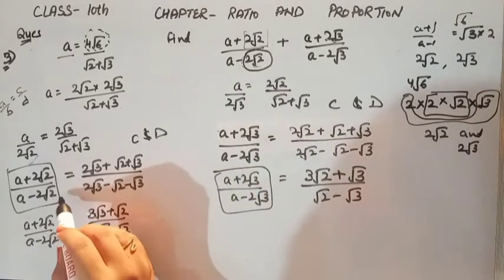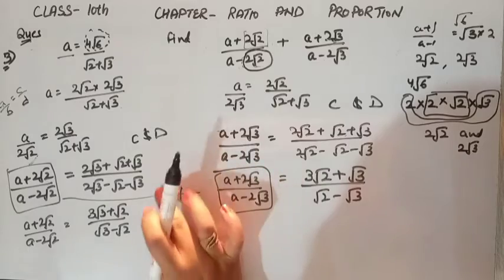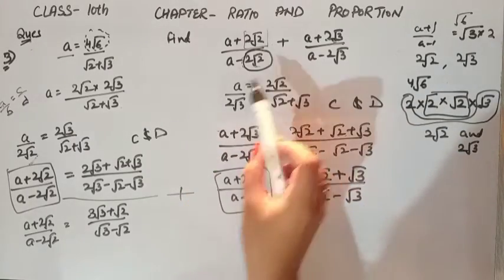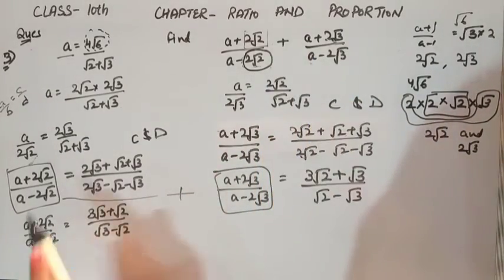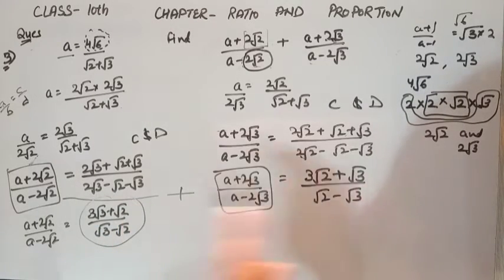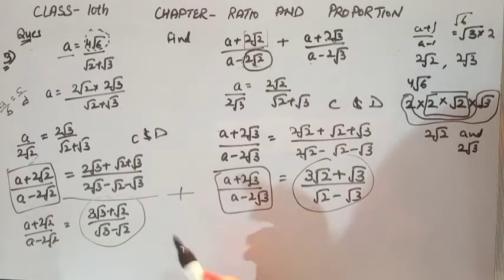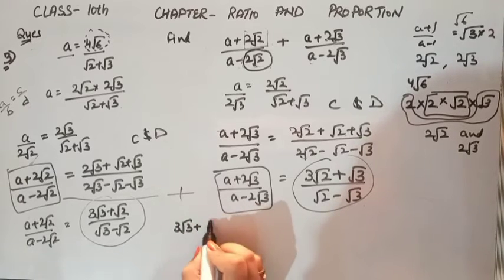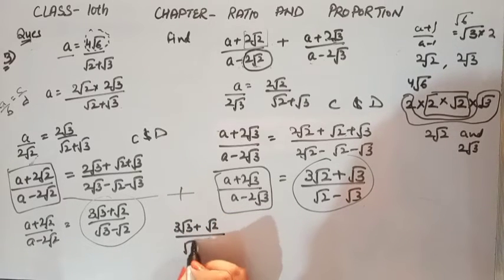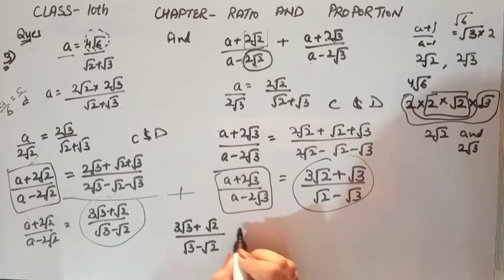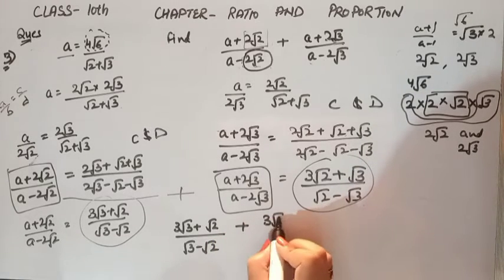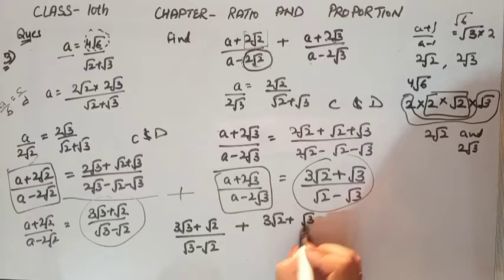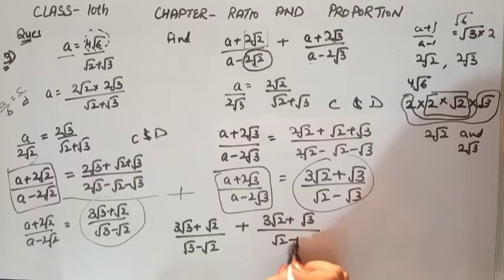First is this and second is this. We have to add both terms to get our answer. Our first term is this and the second term has become this. Now adding these two: 3 root 3 plus root 2 upon root 3 minus root 2 plus 3 root 2 plus root 3 upon root 2 minus root 3.